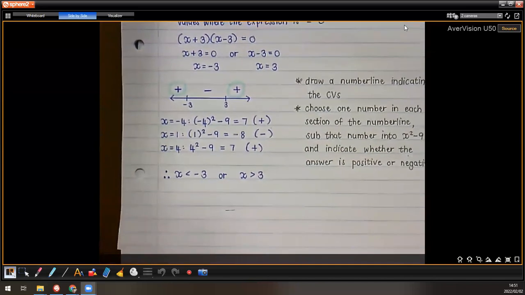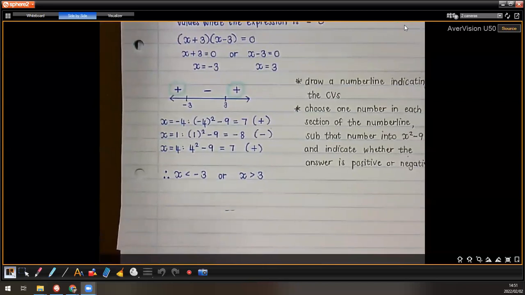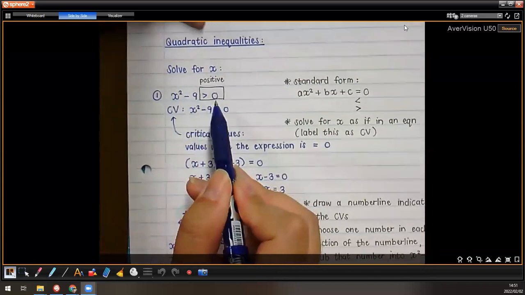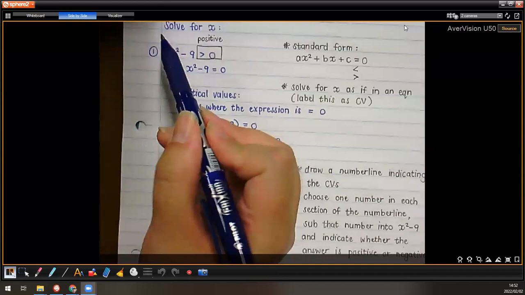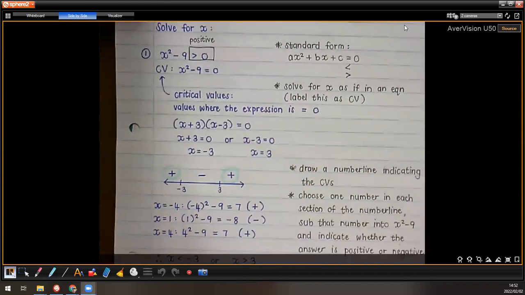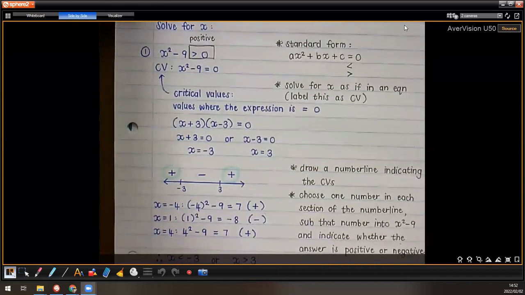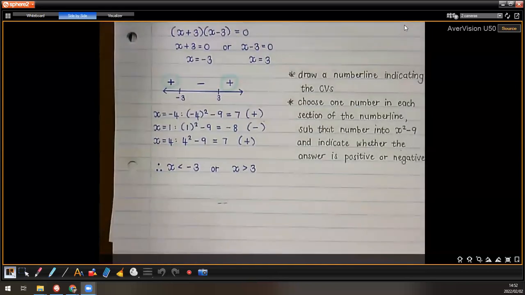And that's it, guys. That's the answer. So that is saying that any x value smaller than -3 will make x squared minus 9 positive, or any value that's bigger than +3 will make x squared minus 9 positive. Okay, that's what that answer is.